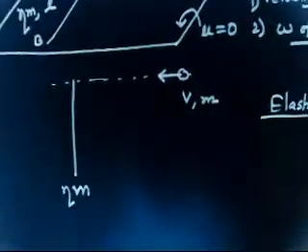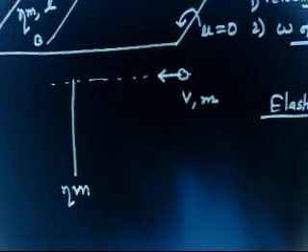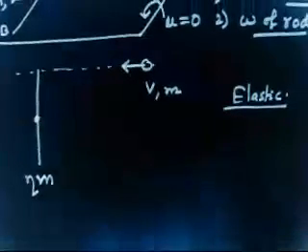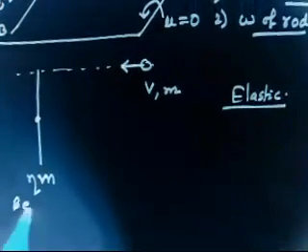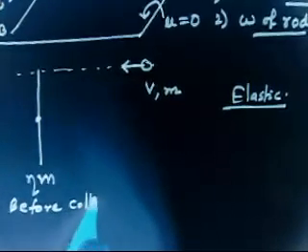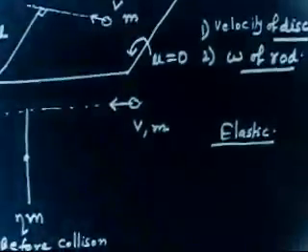Now let us say this is the initial situation. After collision, what will happen? Let me draw another diagram for after the collision. So this is before collision. Let us draw another diagram after collision.